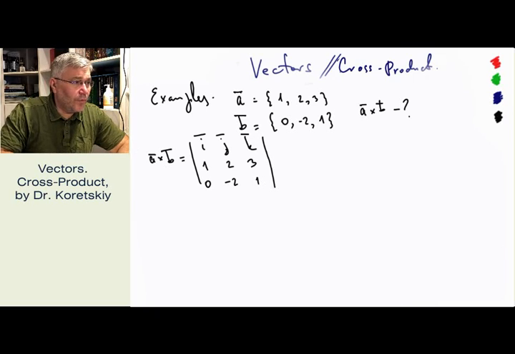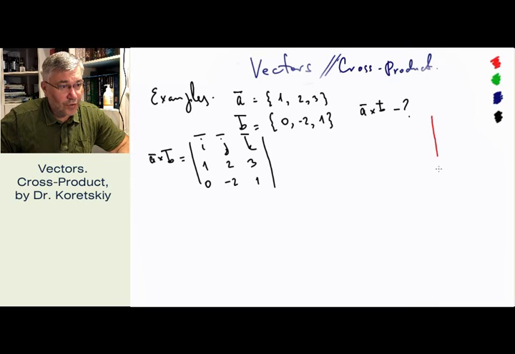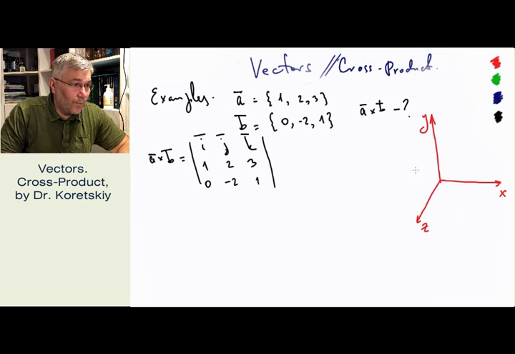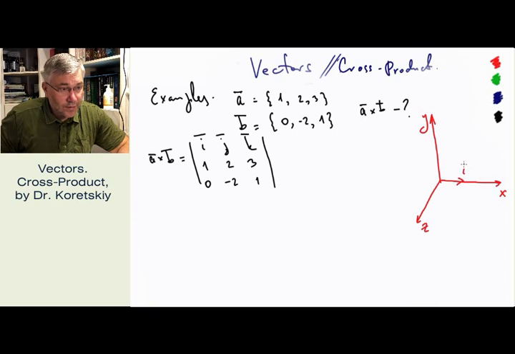You had this theory before, but I want to remind you here about the i, j, k vectors. So if you consider, I use here a red ink, the Cartesian rectangular coordinate system x, y, z axis. So vector i is a vector which is along axis x, and it has components 1 for x, and zeros for y and z coordinates.